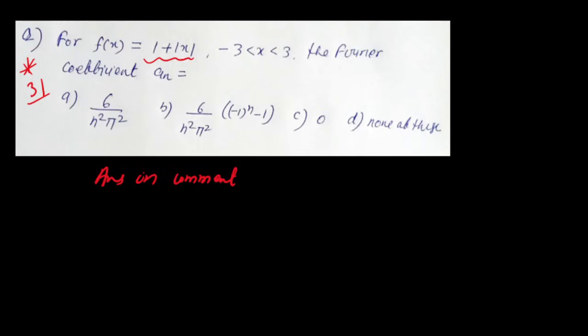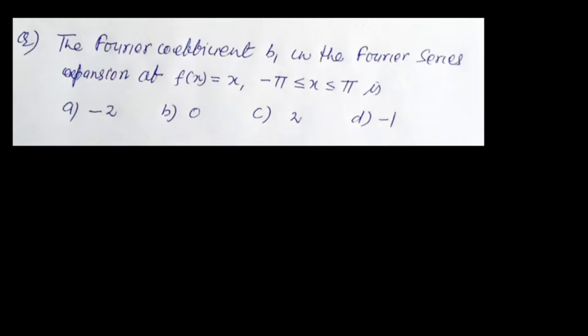Next question. The Fourier coefficient b1 in the Fourier series expansion of f of x is equal to x. So f of x is equal to x is an odd function. If I have to write bn, bn will be written as 1 by c. The length of the interval here is 2c is equal to 2 pi, so c is equal to pi.